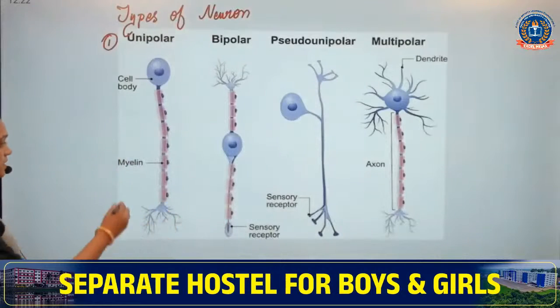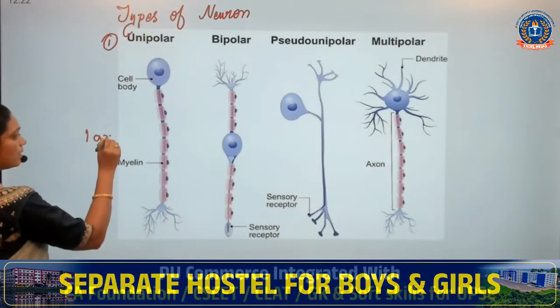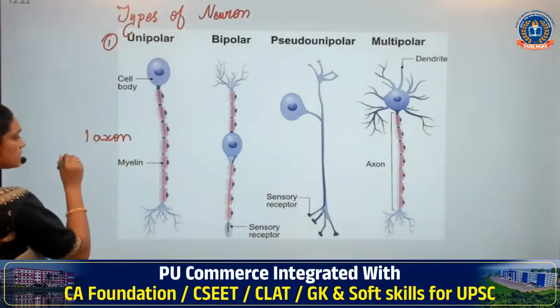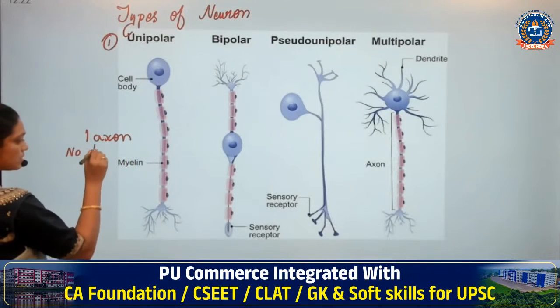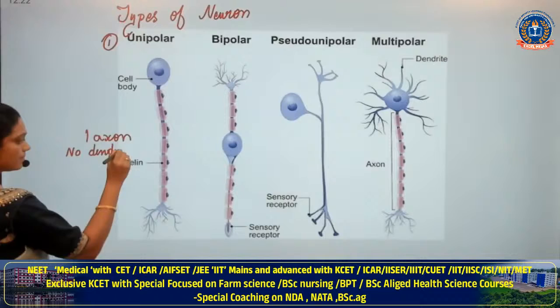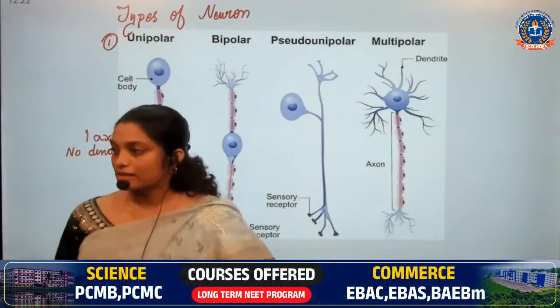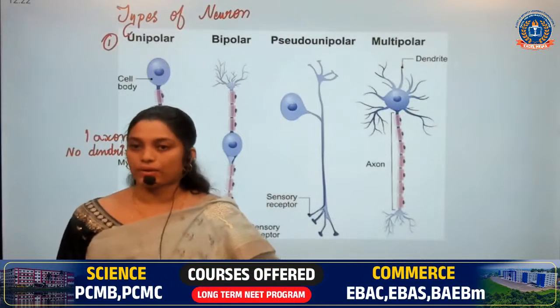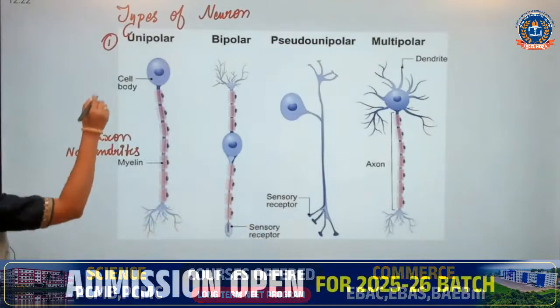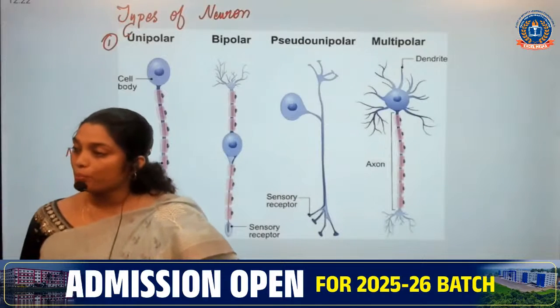How many axons are present? It has one axon and it has no dendrites. Okay, very good. So now, where do we find this type of unipolar neuron?